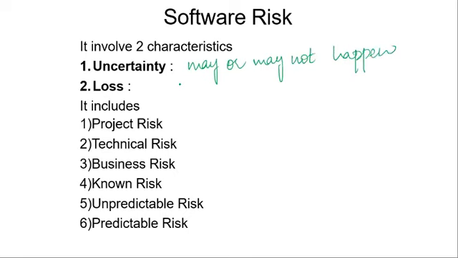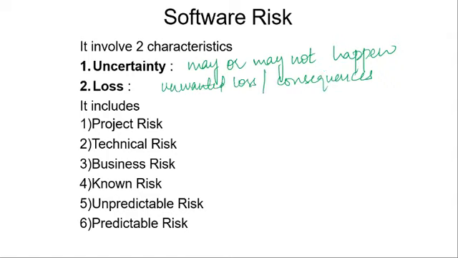Whereas what is loss? Loss means that there are some consequences that might occur. You can say this is unwanted loss, or also the consequences of the specific risk. Software risks are of six types.